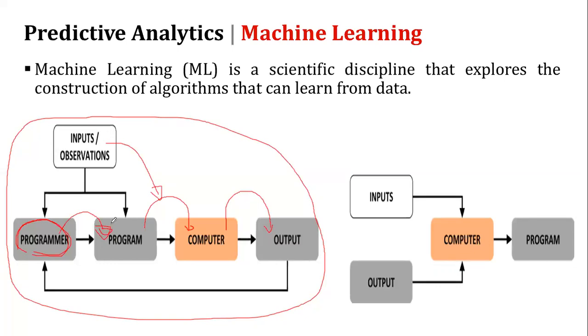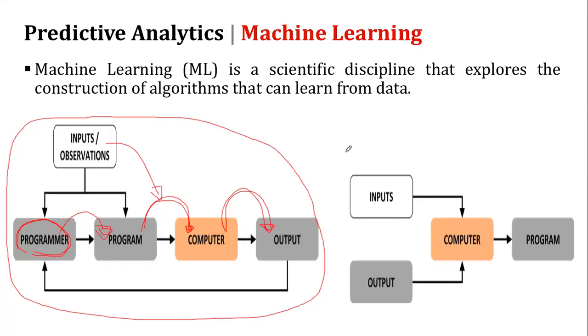So that's an instruction, right? I input the data and give the instruction, and the computer does the computation and gives the output. This is the conventional way of working with computers, right?